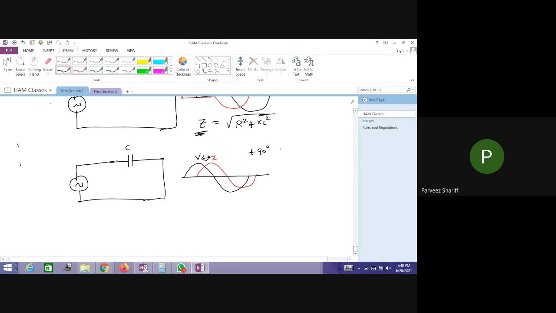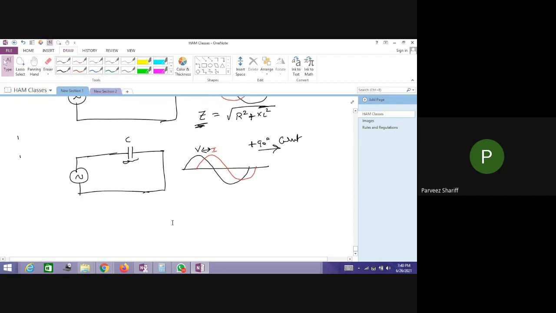It means the current is shifted by plus 90-degree for the capacitance. So this is how it behaves in an AC circuit. The current across the capacitance will be leading, or shifted plus 90 degree, with respect to the voltage.